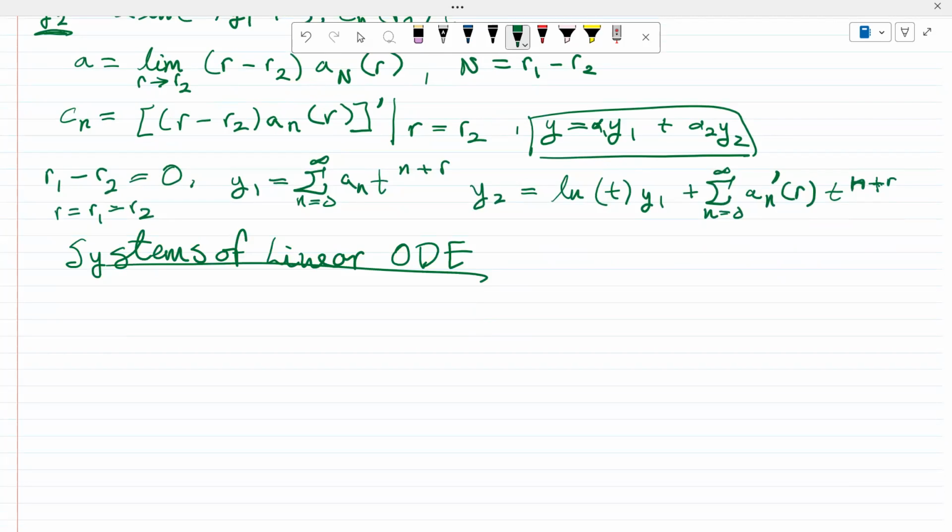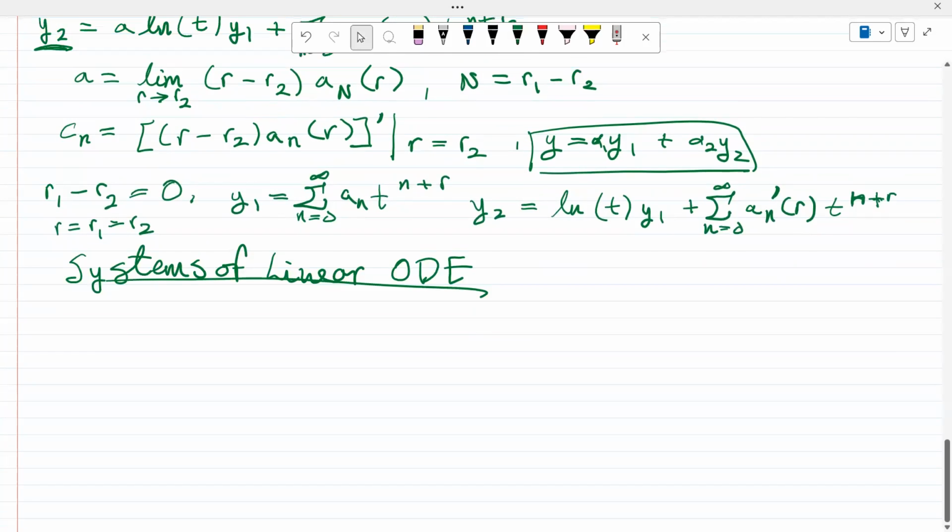For this, you might have a differential equation that looks like x prime is equal to a11 x plus a12 y.